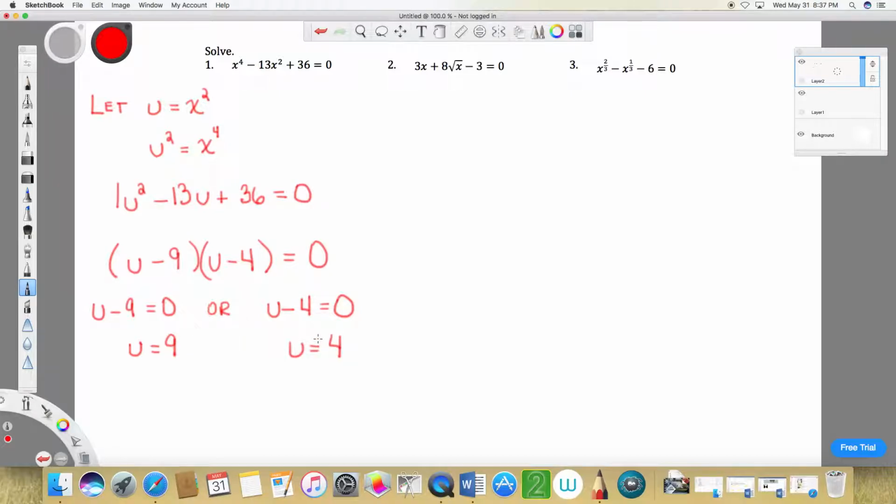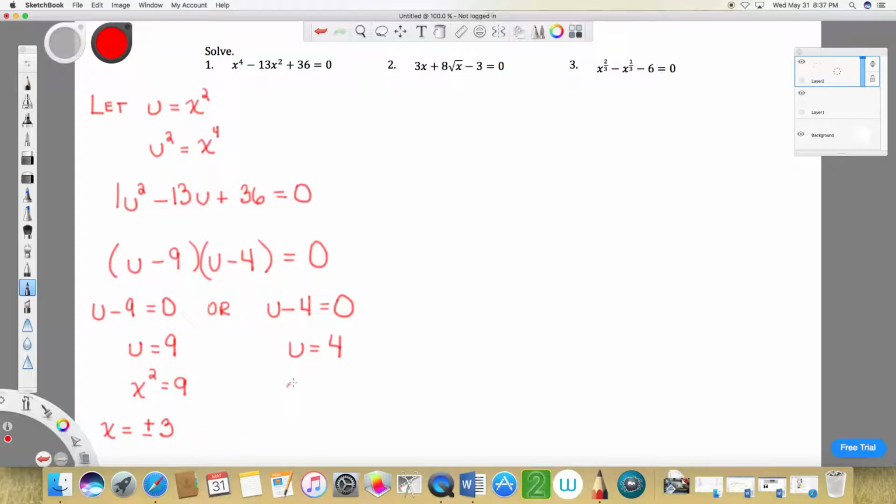But I haven't finished the problem. I've told you what u is, but the original problem had x, and we want to know what x is. So we change it back to the variable x. I have u equal to 9, so I replace u with x squared. If x squared is equal to 9, that's going to give me a solution of positive or negative 3.